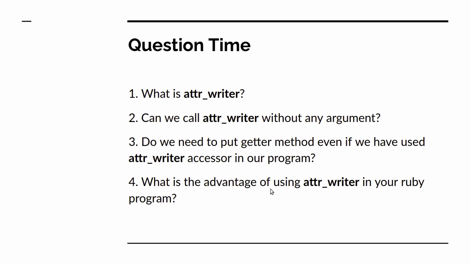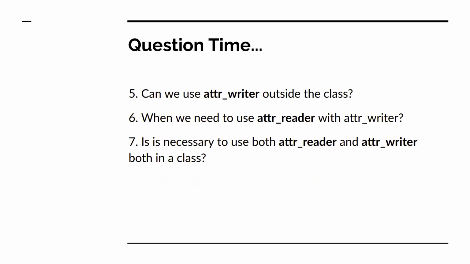Now, what is the advantage of using attribute writer in a Ruby program? We have already discussed that it generates setter methods and allows us to update the values of objects which we provided on instantiation, and we can update them later as well. Another question: can we use attribute writer outside the class? One word answer: no. When do we need to use attribute reader with attribute writer?